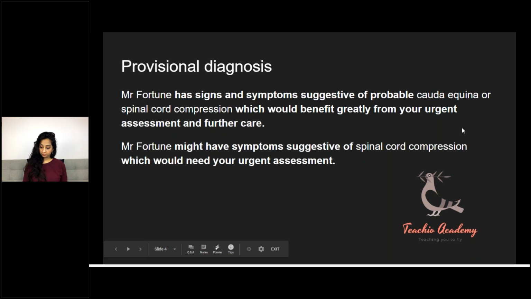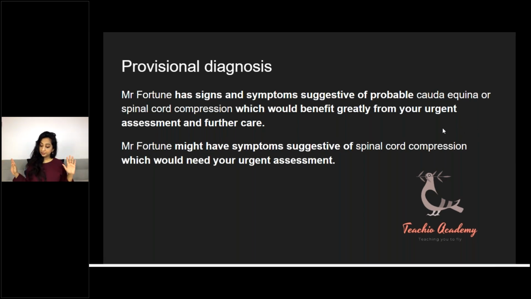provisional diagnosis, okay? Now, when you're writing the letter, the provisional diagnosis exists. The provisional diagnosis is true. And if it is true, what tense are we going to use? We're going to use the present tense, okay? Mr. Fortune has signs and symptoms suggestive of probable cauda equina or spinal cord compression, which I'm going to stop there because that's another thing that we're going to be talking about.